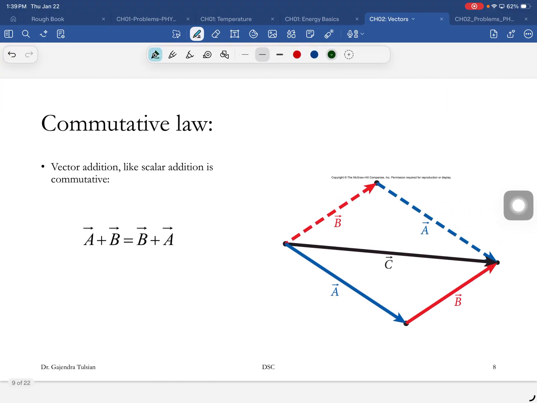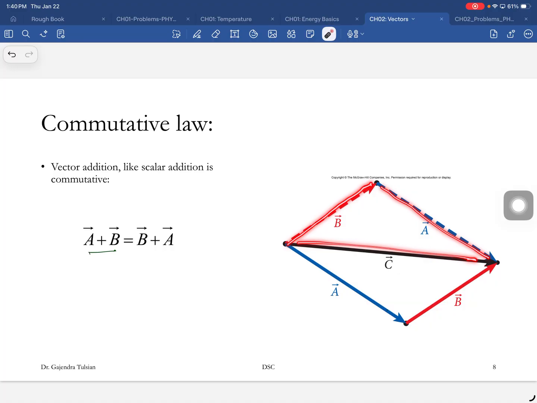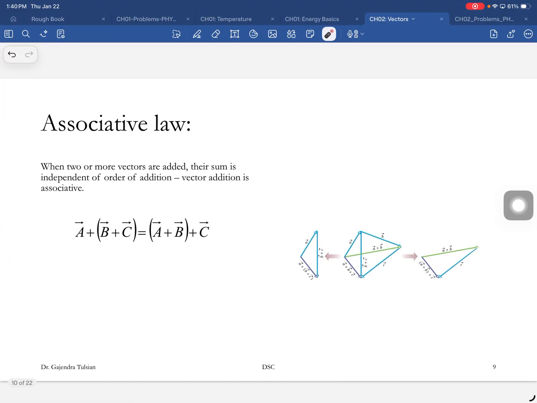That gives you this result, A plus B plus C. So the right-hand side is you added these two first, and then you added this, and you got this result. The left-hand side is you add B plus C first. There is B and C. That's this guy. And then you add A to it, which gives you that, which is the same thing. You know?